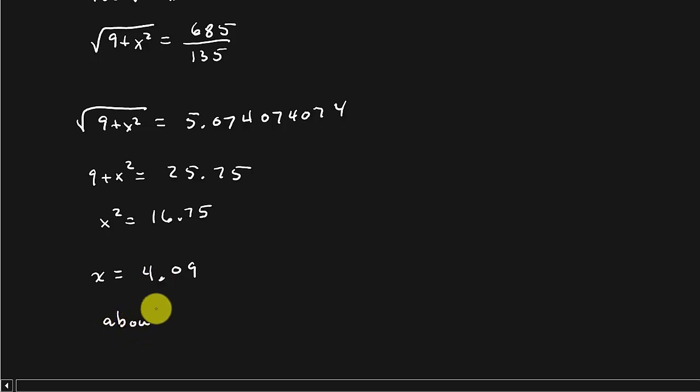So we would say about 409 units, because remember, x is hundreds. So 4.09, that's 409 units will be demanded when the price is $20 per unit.